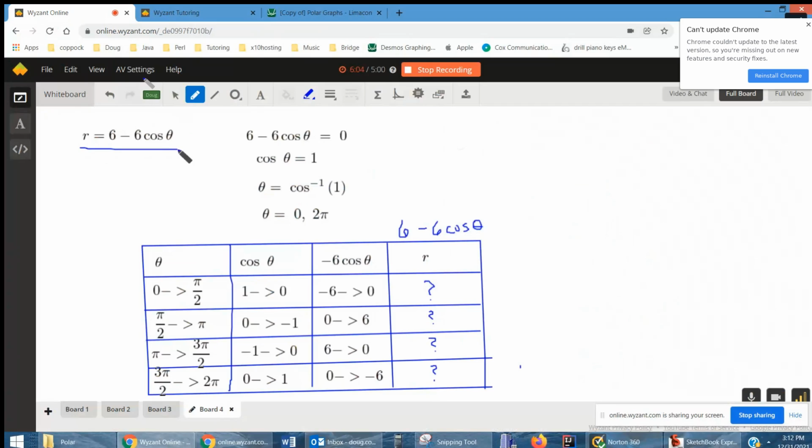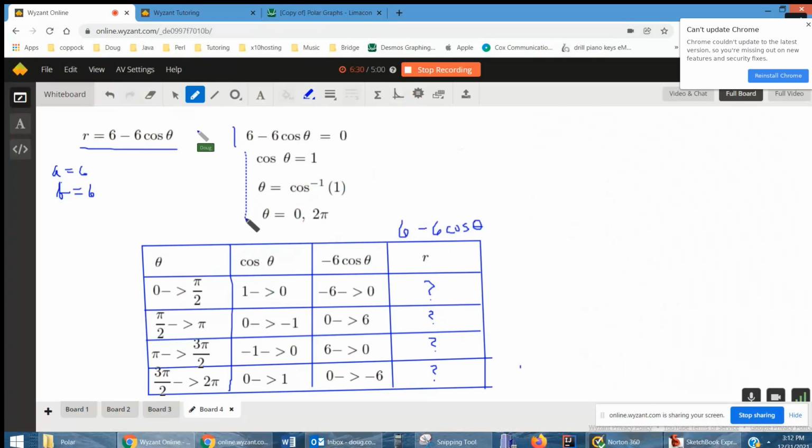6 minus 6 cosine theta. So here, according to the definition, A equals 6, B equals 6, or you could also say B equals negative 6. But we want to find out what values of theta make r equal to 0. That returns us to the pole.